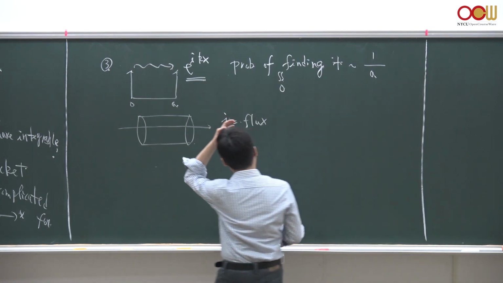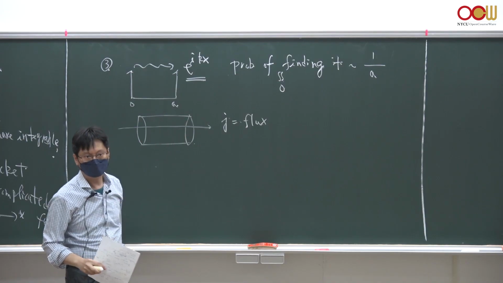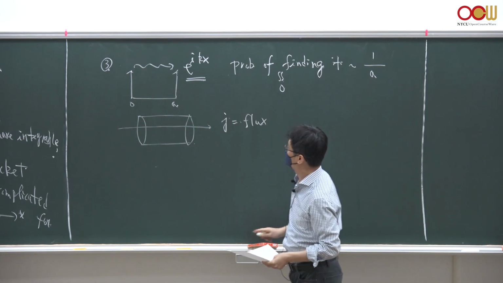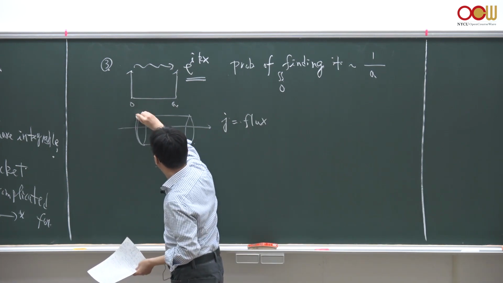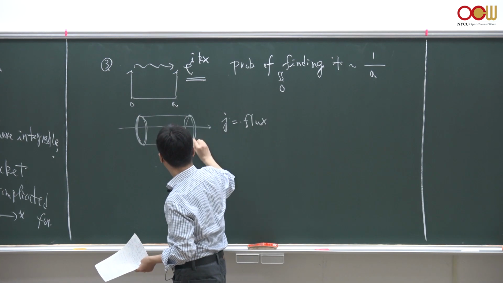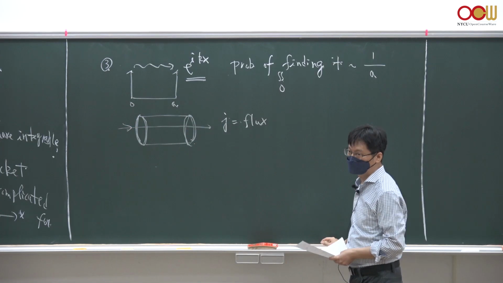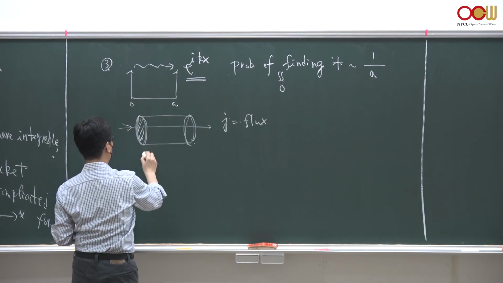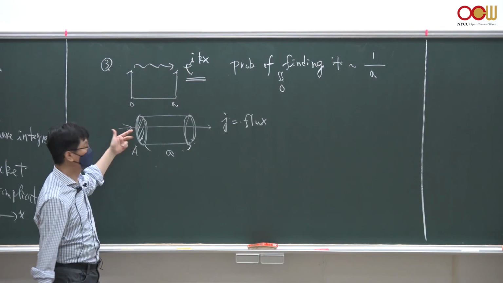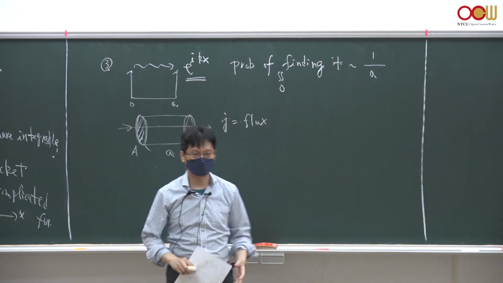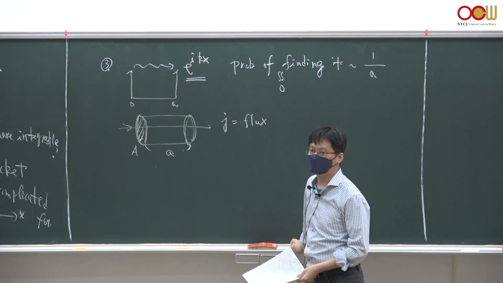No matter how unlikely it is that you find the particle in any place of this infinite wide box, you can always imagine that you have some cylinder with some area and some length, and the particle can pass through the cylinder. You can collect the flux or the probability current of this free particle, because this is something that you can do.